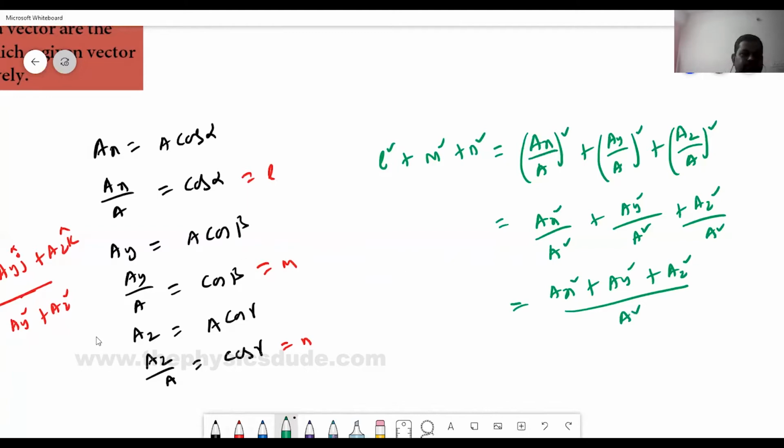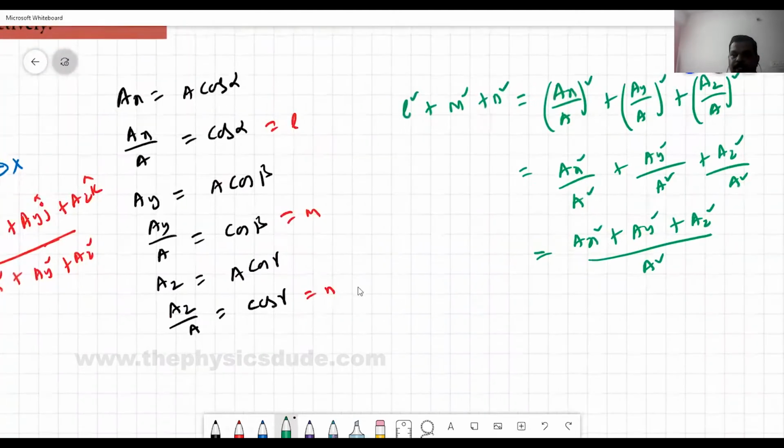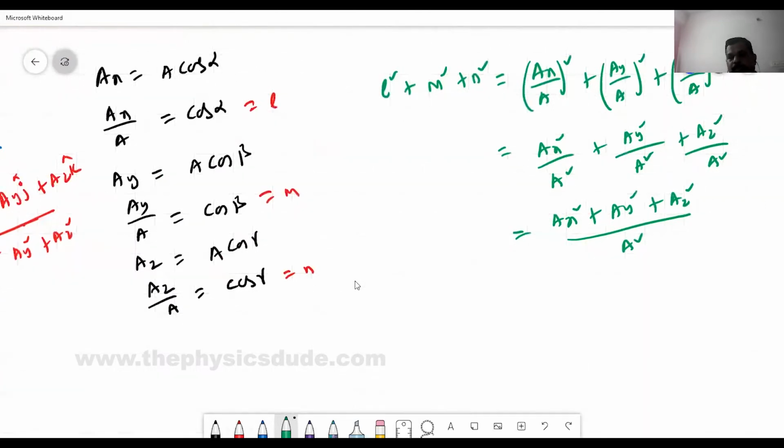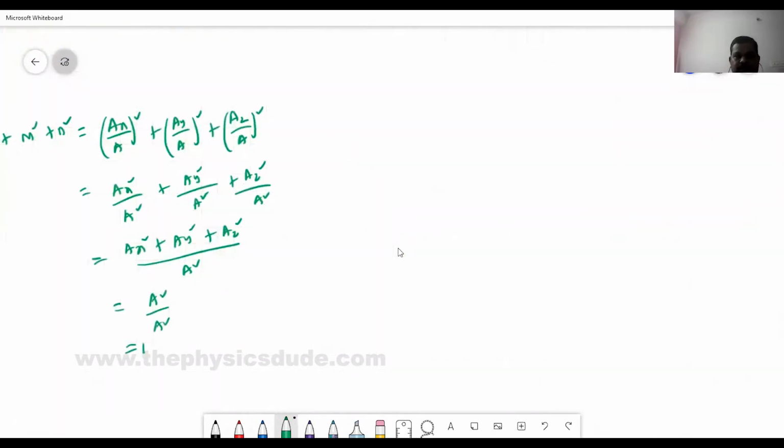Just now I said the magnitude of the vector is a equals root of that, so square it on both sides. That means this value is a square upon a square, which is 1. So from this we understand that for any vector, the sum of the squares of the direction cosines is always equal to 1.